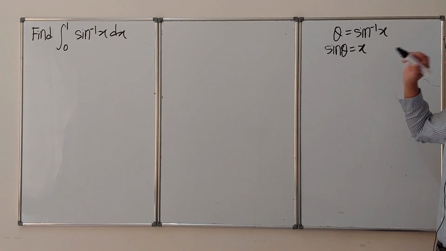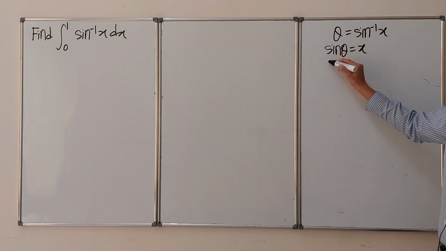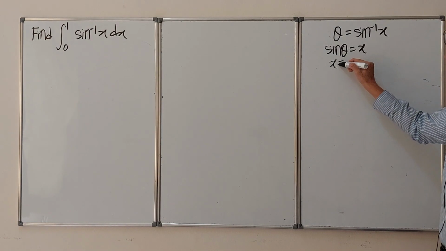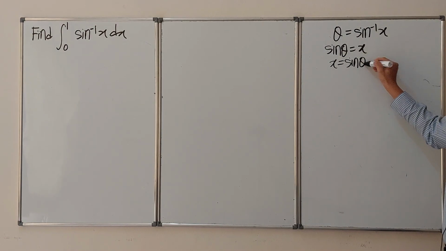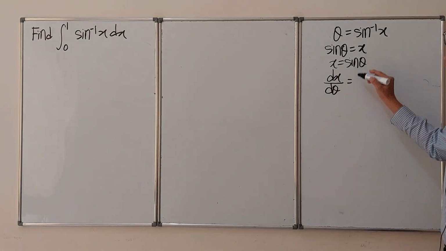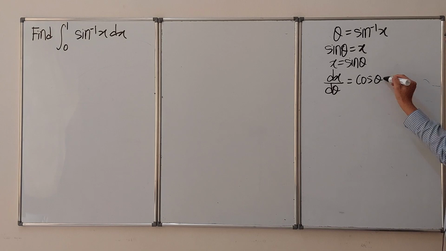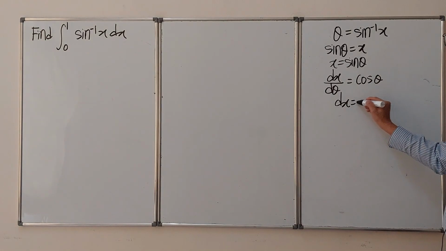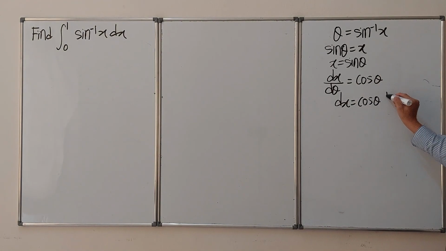Okay, so then I'm going to differentiate this, or I can rewrite x to be sine theta. So dx d theta will be equal to cos theta, then dx will be cos theta d theta.